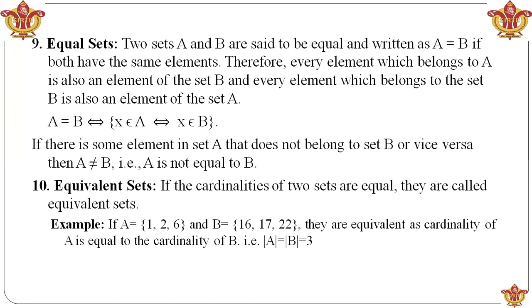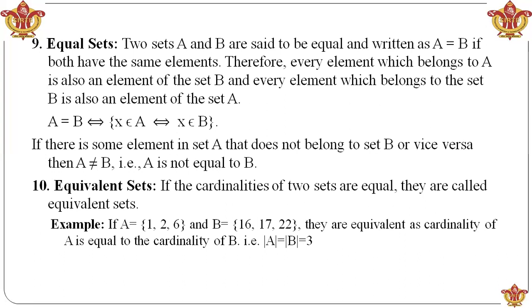And every element which belongs to B is also an element of A. So here we write A equal to B, and if X belongs to A, similarly X belongs to B. That means all elements which belong to A also belong to set B. And if there is some element in set A that does not belong to B, or vice versa, then A is not an equal set of B, right?